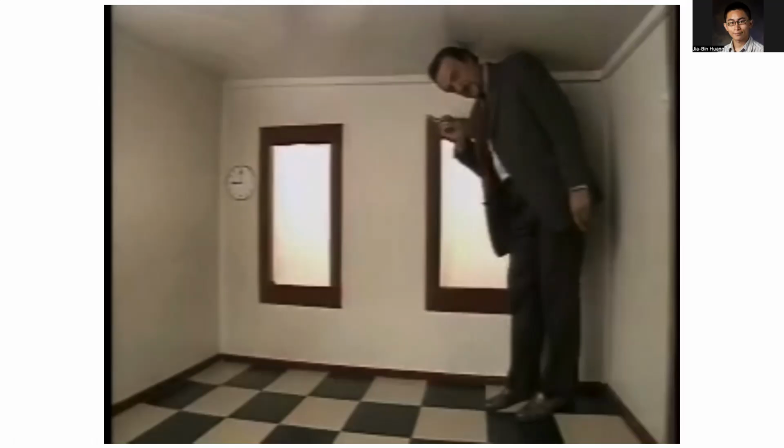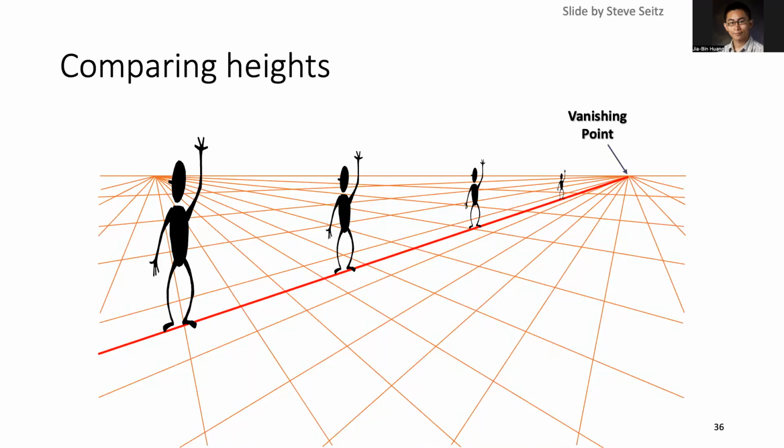Okay, so here is how you can do it. You compare different objects. What you know is that if you connect the bottoms of these objects and find the vanishing points, then connect these lines, they should be the same height.